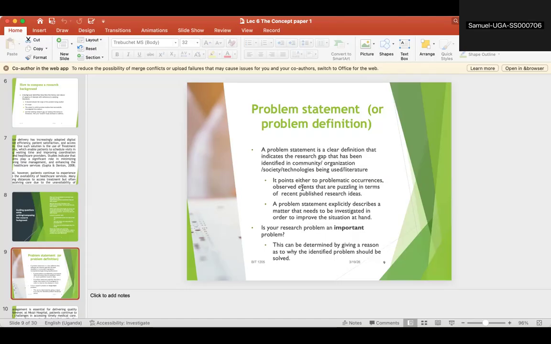So it points either to problematic occurrences, observed events that are puzzling in terms of recent published research ideas. Then it also describes a matter that needs to be investigated in order to improve the situation at hand.